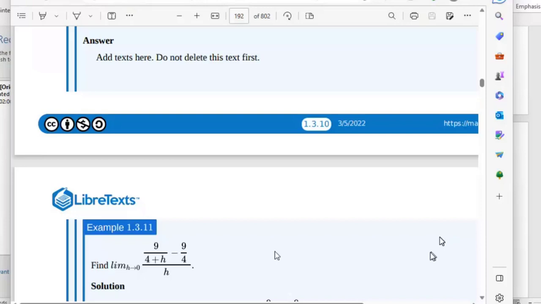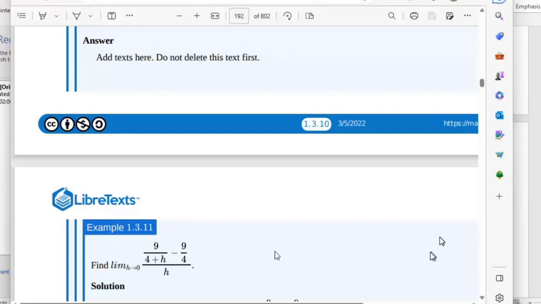Lebo, also explain to me how you got the positive infinity. Okay, sir. I started simplifying our equation. I said open bracket 9 over 4 plus 8 over 9 multiplied by 1 over h.